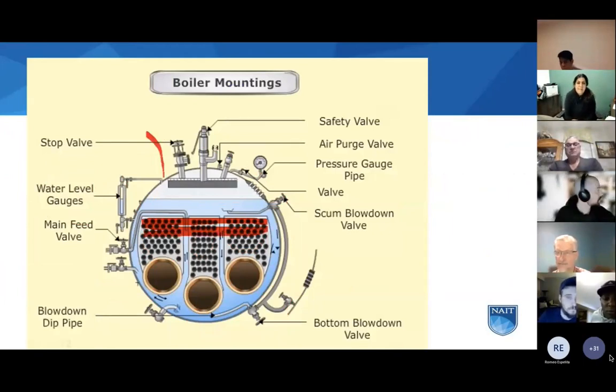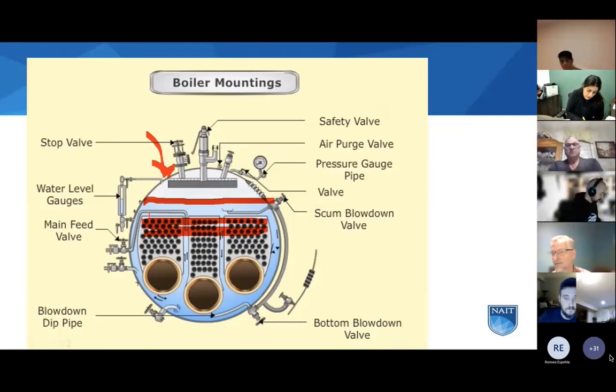They cannot be at steam temperature. Up here in the steam space, the temperature is going to be a lot hotter. And we do that by having a minimal level of water covering the tubes, okay? When the water level gets to the bottom of the gauge glass, we're still going to have at least an inch of water over top of the top heating surface or top tube, okay?